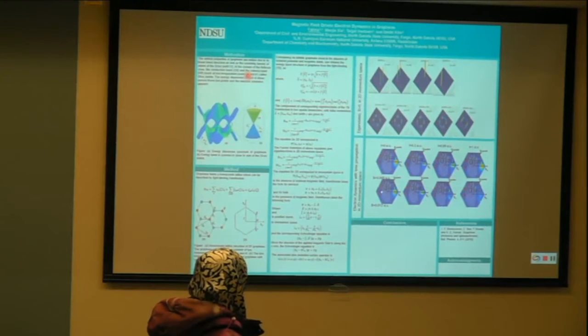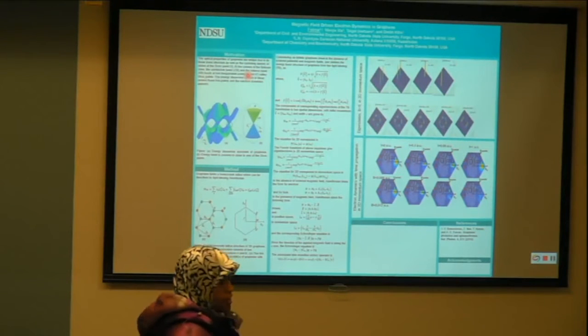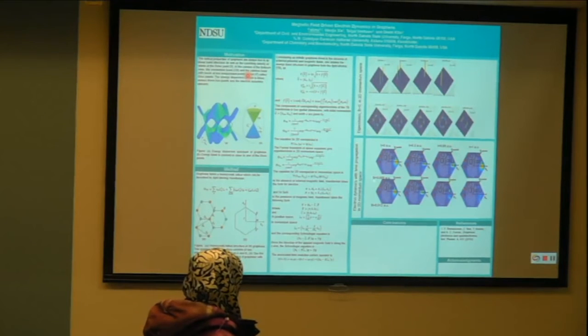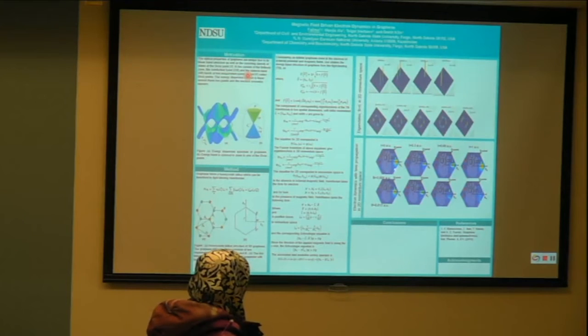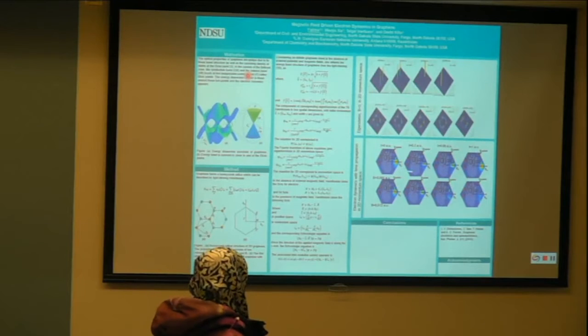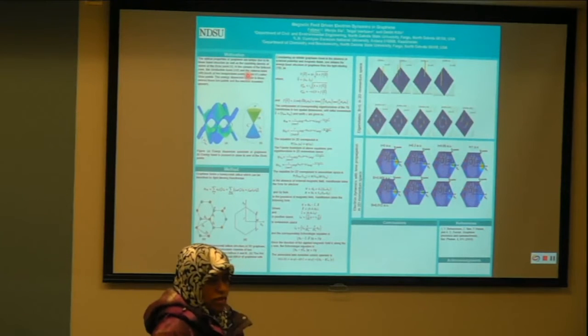For very small values of magnetic field, it's just a Dirac delta function. And at a certain value of magnetic field, the electron starts moving. Okay, and we can see the electrodynamics.